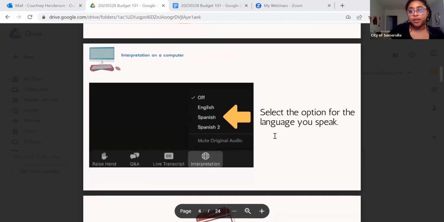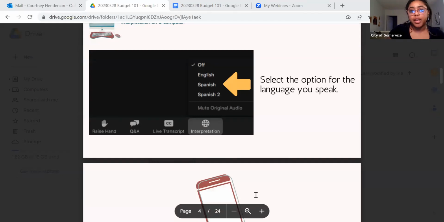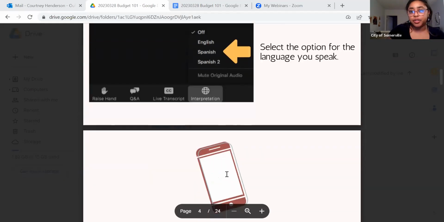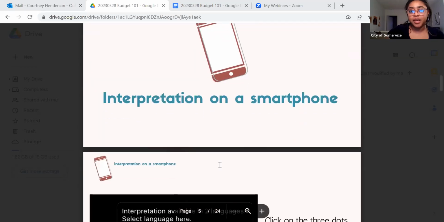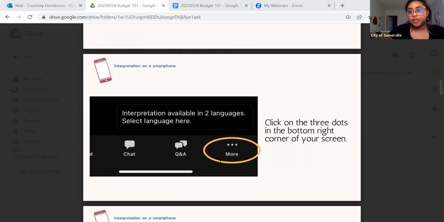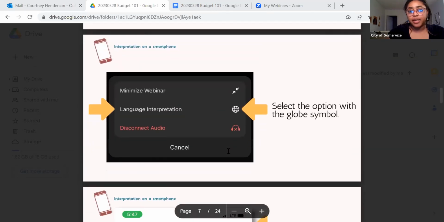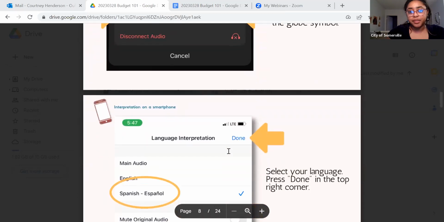You're going to scroll down and find the button for interpretation, which is a little globe, and then you'll select the language that you're needing for this evening. I do ask that you wait before you do that because we have not kicked that off just yet. For those that are joining in on your phone, you will be able to access this function by clicking the three dots below and then finding the language by hitting your language interpretation button.